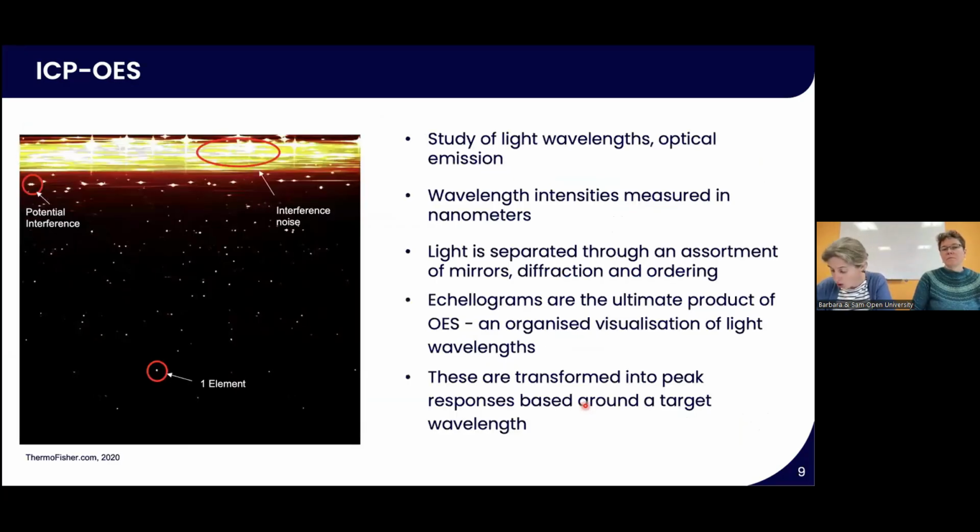So I'm briefly going to talk about the way that we can separate using the wavelength of light that can be emitted from an ion beam. I'm talking about the ICP-OES because they quite often appear in earth science departments. They're quite widely used, and they're really good because they can measure from part per billion concentrations up to 8% concentrations in the samples that we're looking at, depending on the dilution and the different elements.